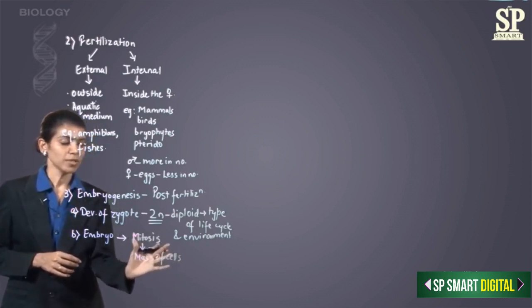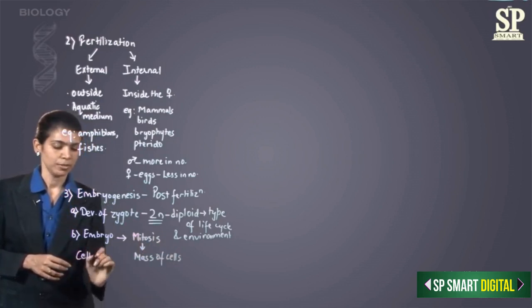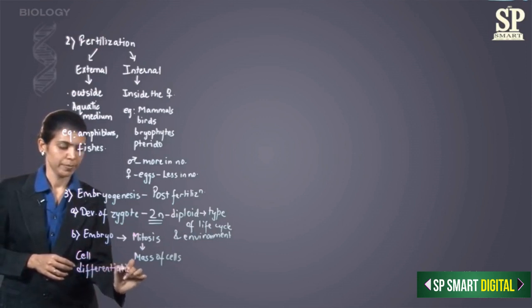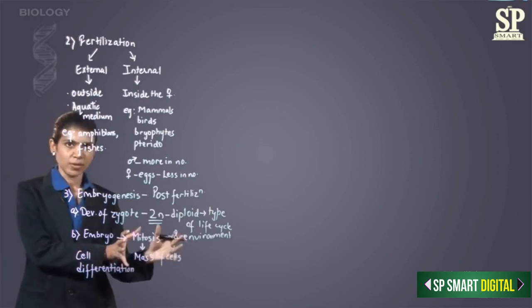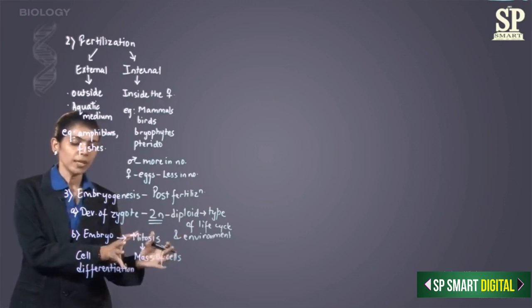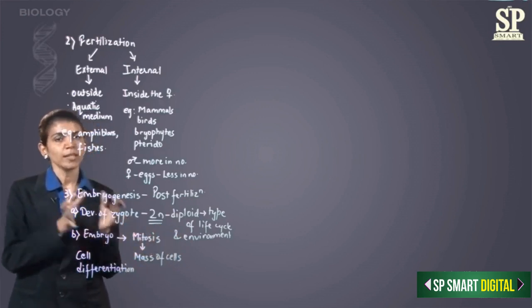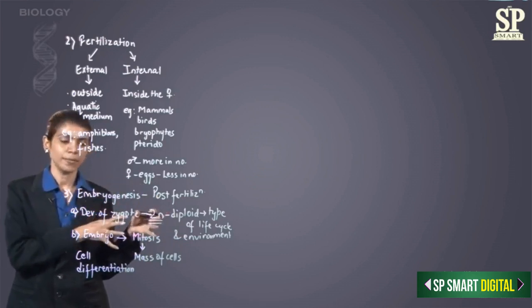Once this mass of cells is formed, they then undergo cell differentiation. What is meant by cell differentiation? There is a mass of cells which has been formed. These will then undergo modifications so as to form specialized tissues. These specialized tissues will then form organs and then further the organ system.